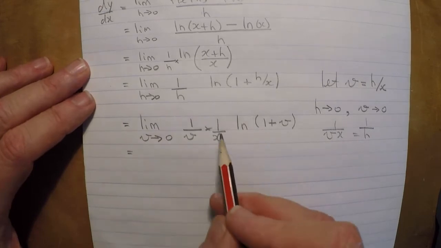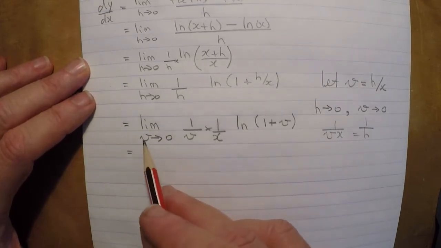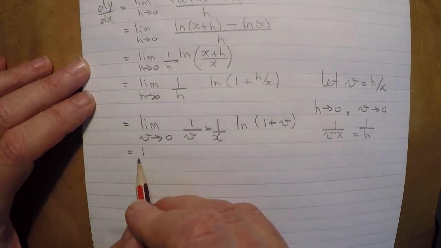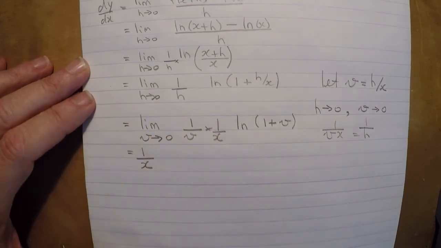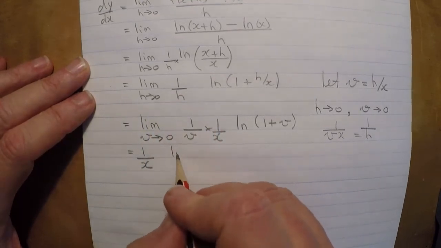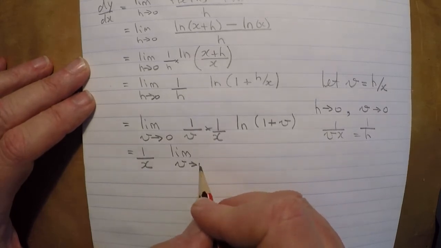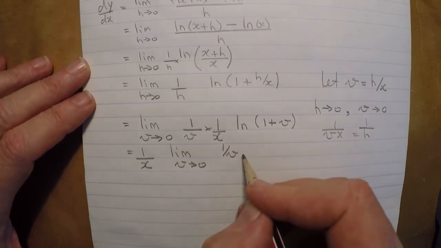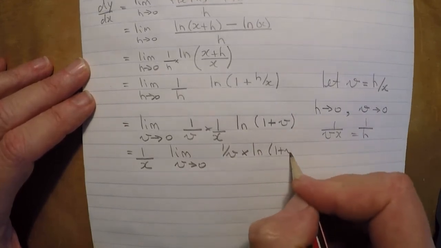So x is no longer changing; only v changes in this limit. So 1 over x is a constant term. It can jump to the front of the limit. And I now have the limit as v approaches 0 of 1 over v times ln of 1 plus v.